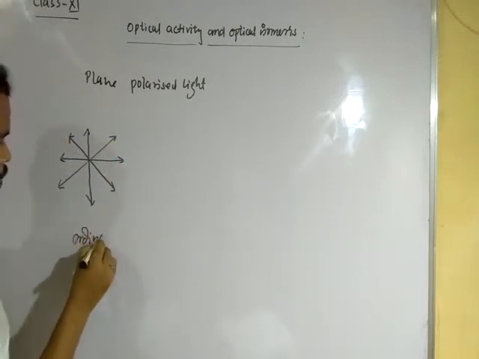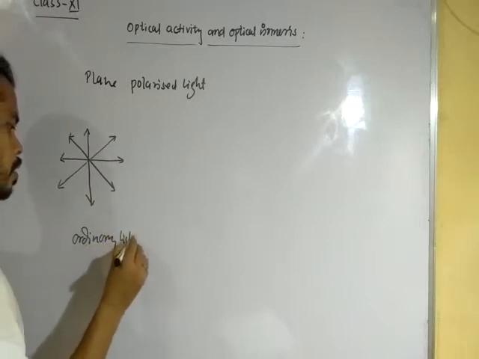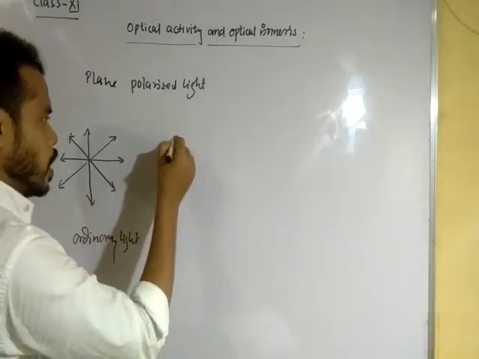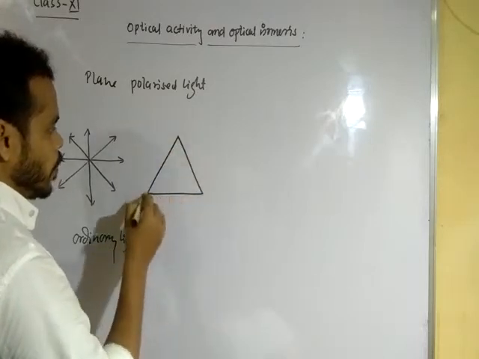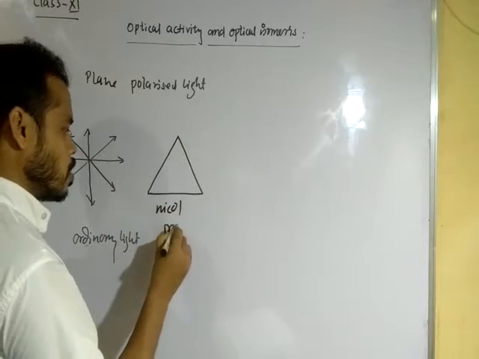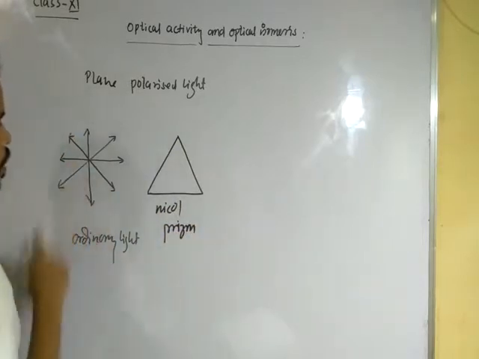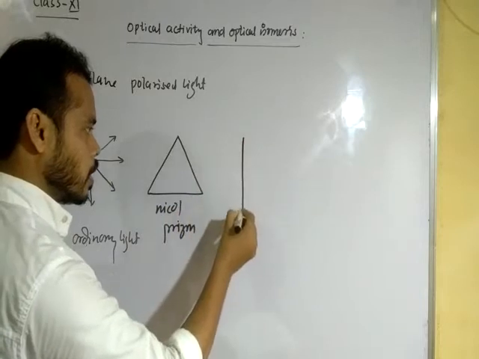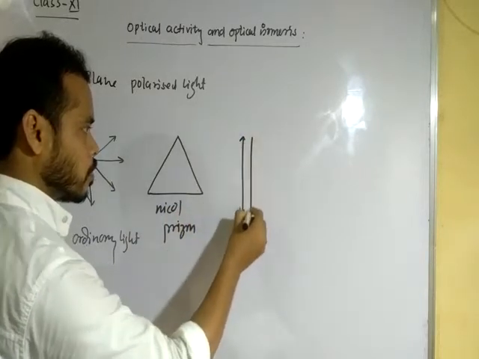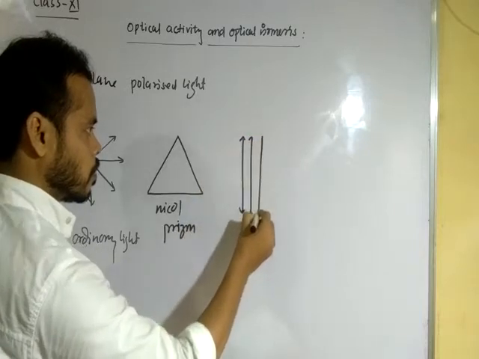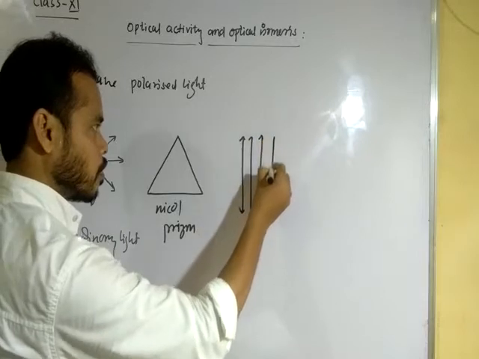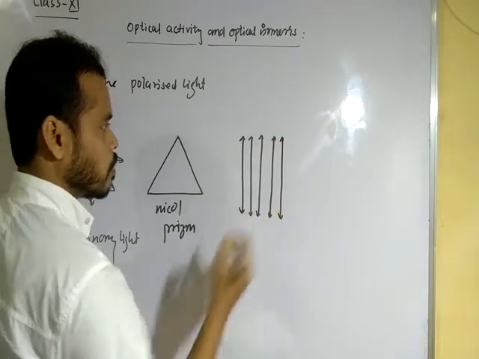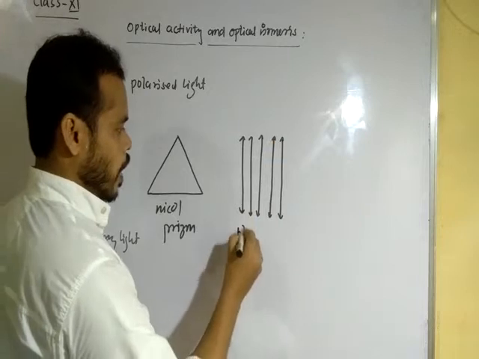After passing it through the Nicol prism, here is the Nicol prism, the vibration of the ordinary light is in only one plane, like this. This is called plane polarized light.